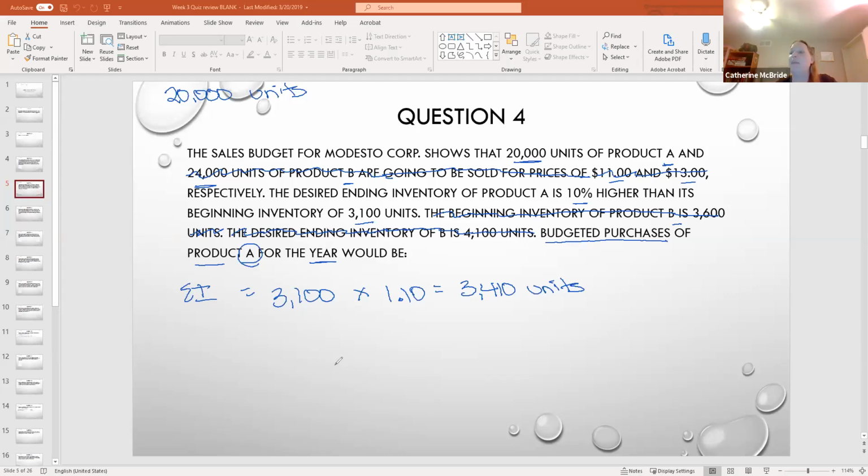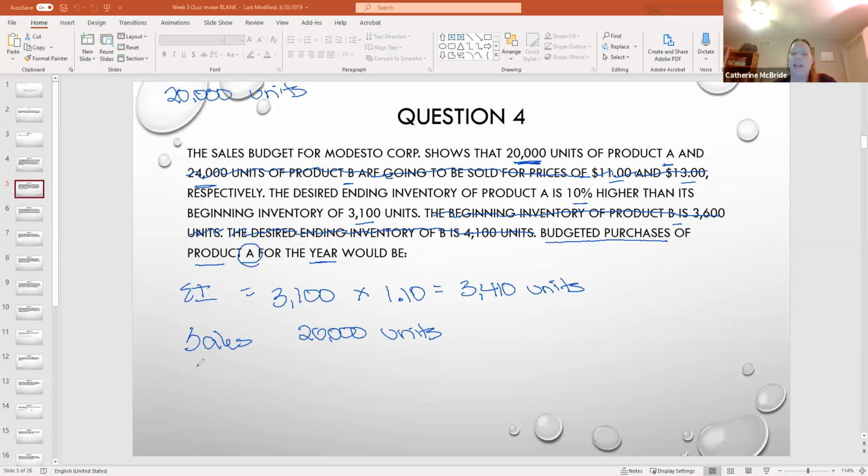Now I know that I'm going to sell 20,000 units, because it shows that we sold 20,000 units of product A. I'm going to sell 20,000 units.